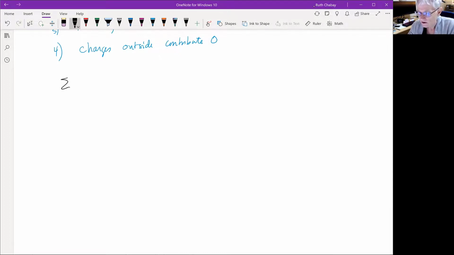So let's write this as the sum on a closed surface of E dot n hat delta A is equal to some constant K times the amount of charge inside. The simple thing to do is to do this for a point charge, because we know the electric field of a point charge. So if we put a point charge here, the surface we'd like to draw around the point charge is actually a sphere, which comes back to Alexander's question.